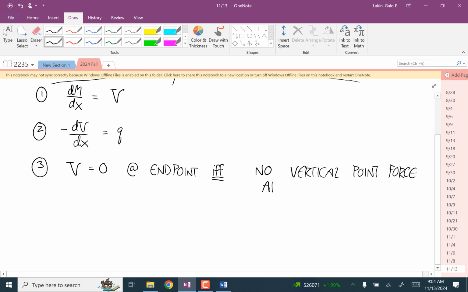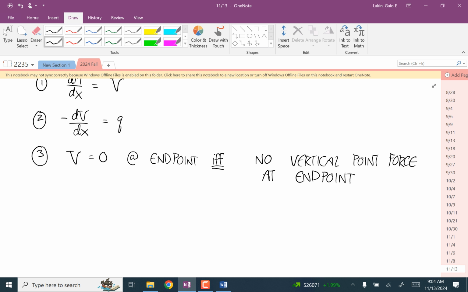Is that like an if and only if symbol? Yeah. Okay, so distributed loads are not point forces. So you can have distributed loads at the endpoints, but there just can't be any force vectors happening there.